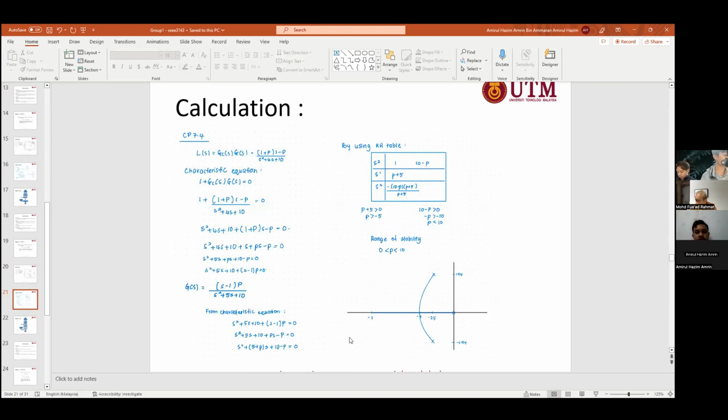So we do some mathematical manipulation so that we can get the open loop transfer function, which is G(s) equal to (s minus 1) multiplied with P and divided by (s squared plus 5s plus 10). Okay, and then from that we take the characteristic equation to identify the value of gain.